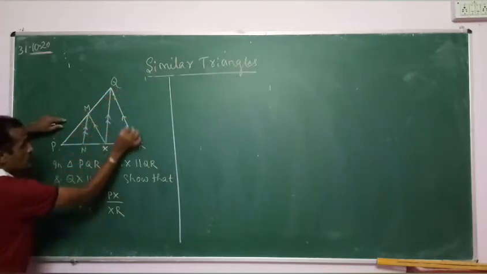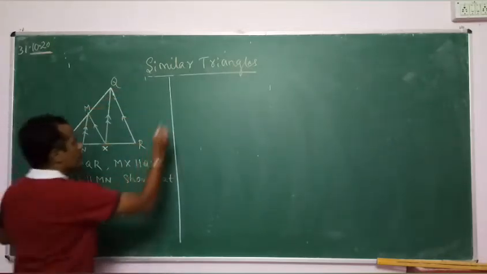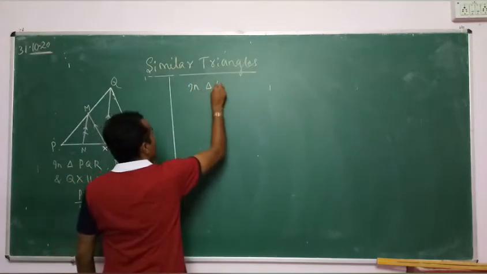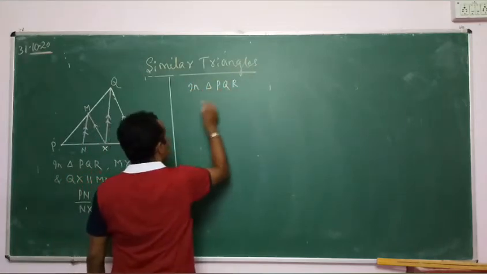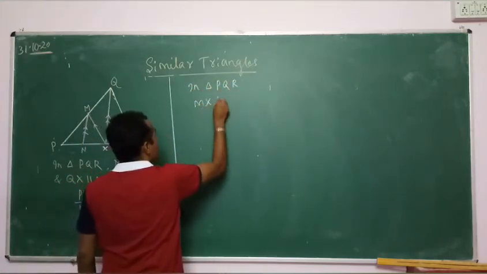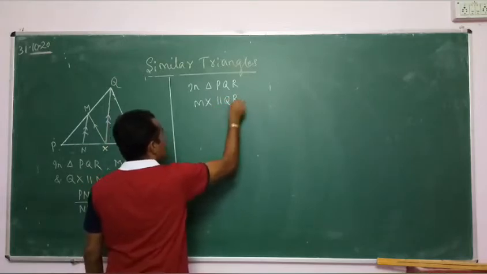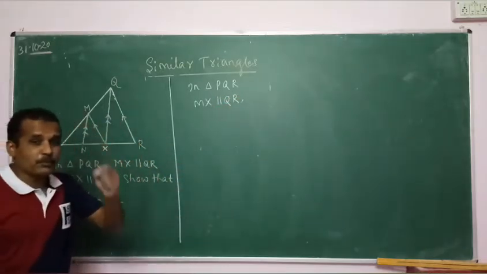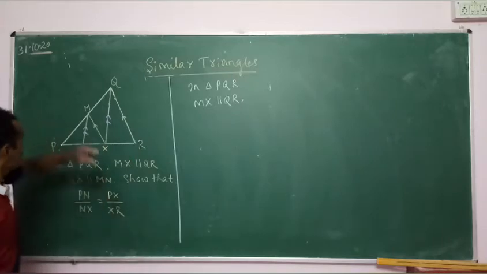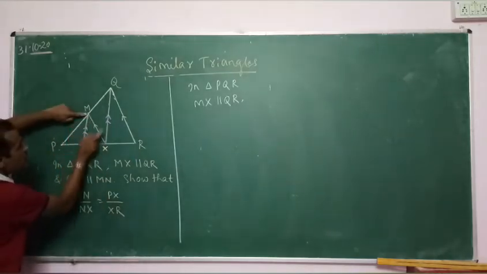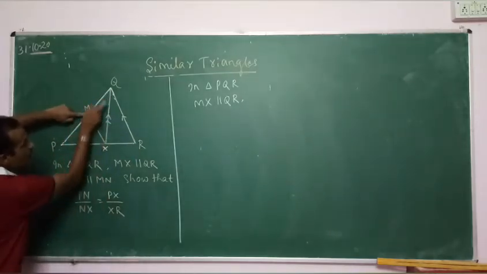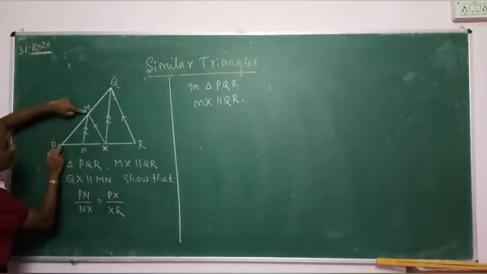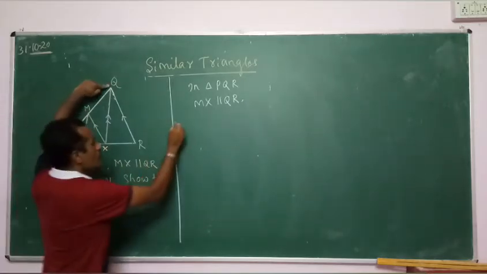MX is parallel to QR. In triangle PQR, MX is parallel to QR. मतलब basic proportionality theorem अप्लाई करना है. देखो, these two are parallel. मतलब PM divided by MQ.